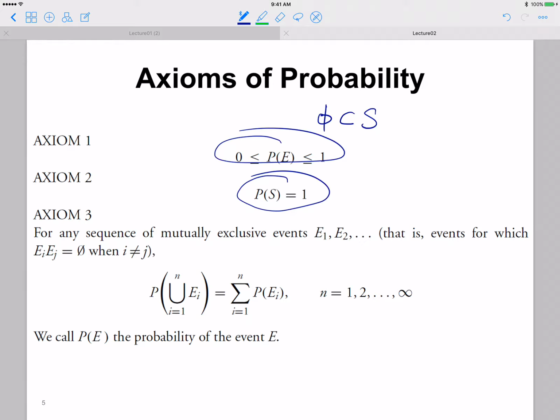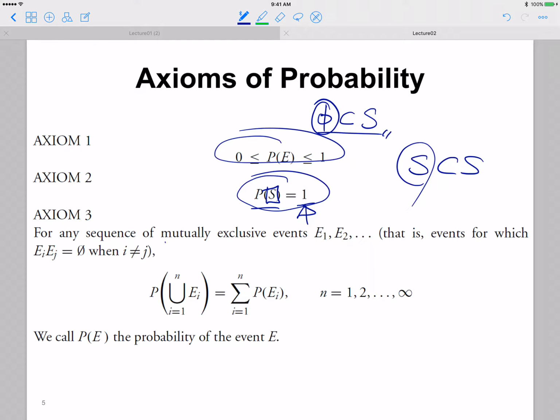We can of course define this empty event, right? And the entire space is also its own subset of the entire space. So this is one particular event, and the probability of this event is always 1.